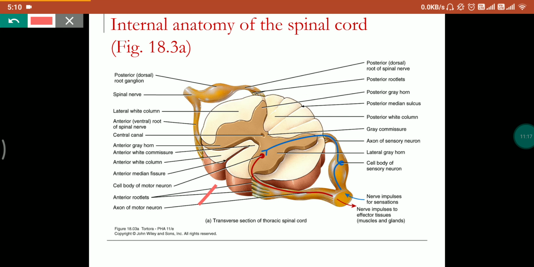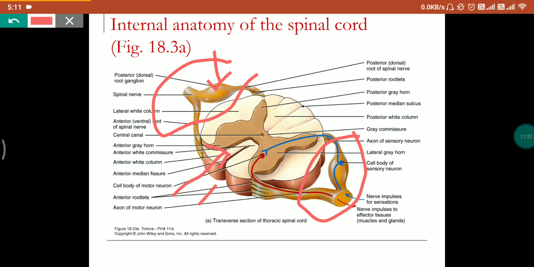And these are the spinal nerves that come out of the spinal cord, and these are called spinal ganglia, and these are the horns. So this is the anterior side and this is the posterior side.